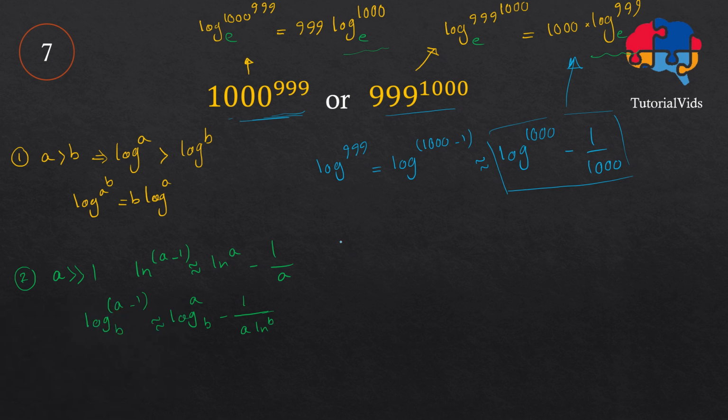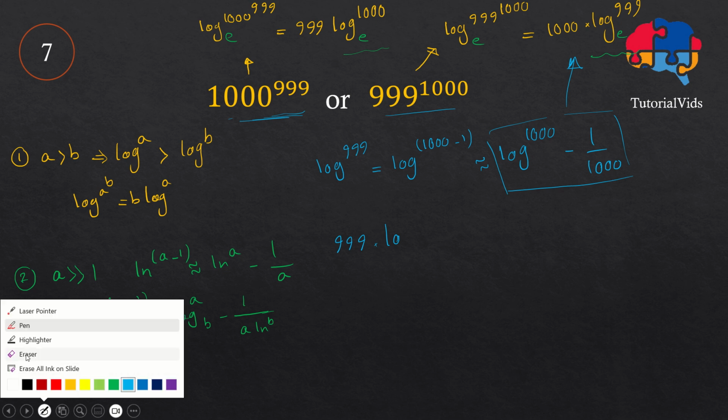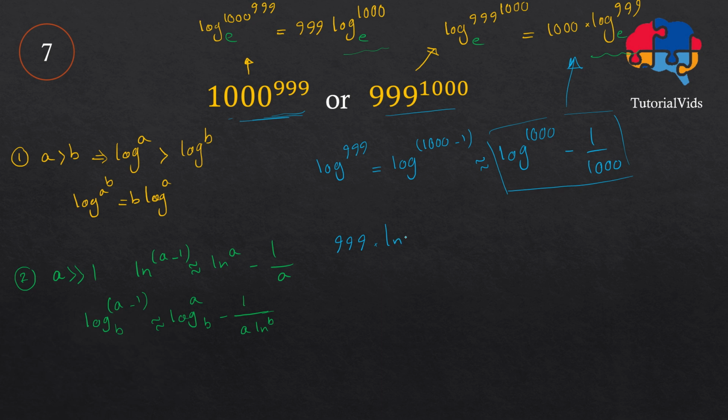So I need to compare 999 times the natural logarithm of 1000 with 1000 times the natural logarithm of 1000 minus 1 over 1000. So these are all natural logarithms, okay? So I need to compare this and this.